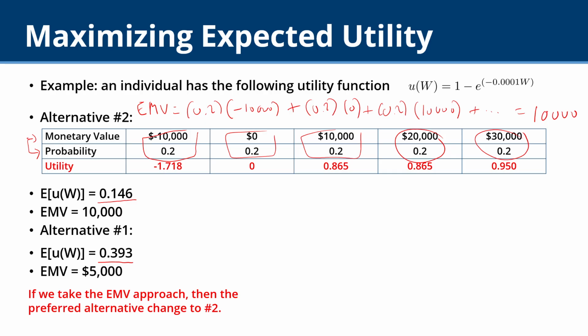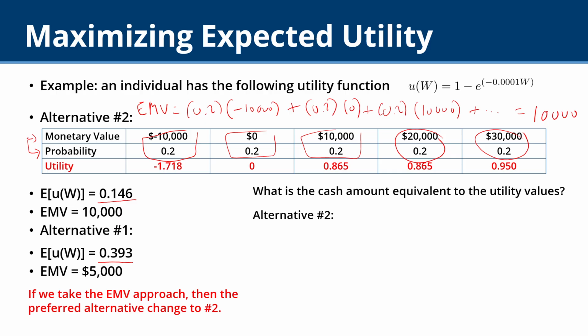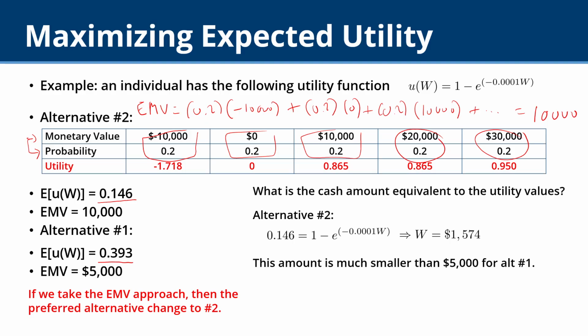As a follow-up question, if we want to know what the cash amount equivalent to the utility value is, we can. For alternative number 2, for expected utility of 0.146, you can work backwards and calculate what W is. It ends up being 1,574. So this is much smaller than $5,000 for alternative number 1.